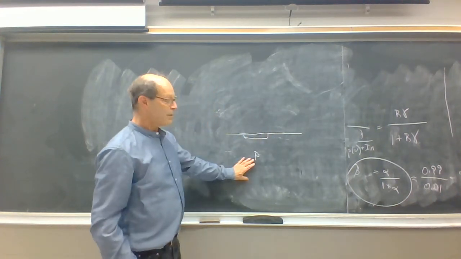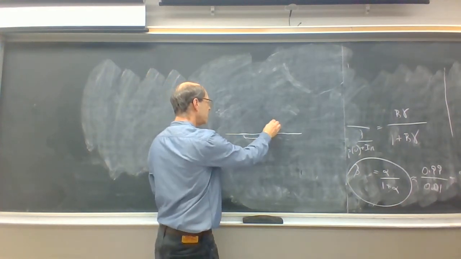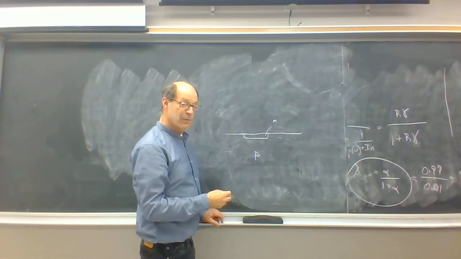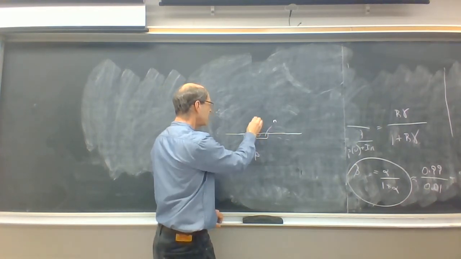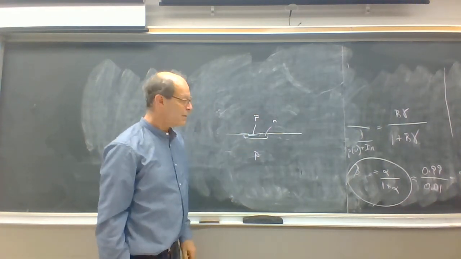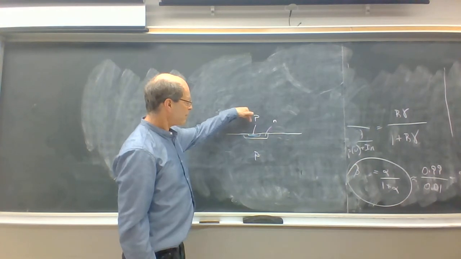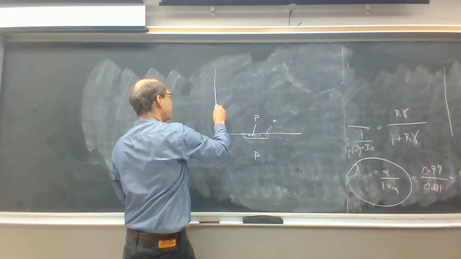So start with a p-type substrate, we introduce an n-type dopant, and then we introduce a second dopant, which would be a p-type dopant. So you can see we've created a p-n-p structure, and if you were to look from the top to the bottom, I'm going to sketch the doping profile.